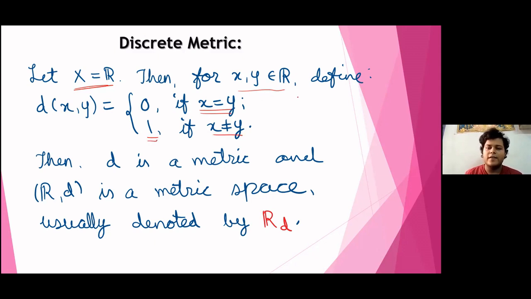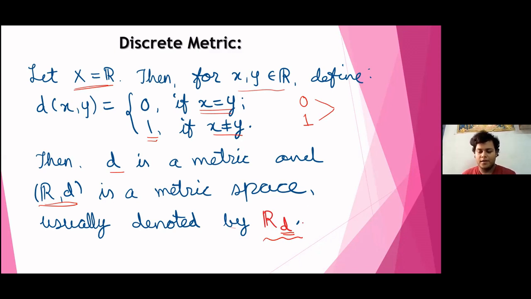So in this case, we have only two possibilities for distance, either 0 or 1, and both are separate, discrete numbers. That's why we call this mapping the discrete metric. Our claim is that D is a metric and (R, D) is a metric space, and we denote this by R suffix D, where D stands for discrete.